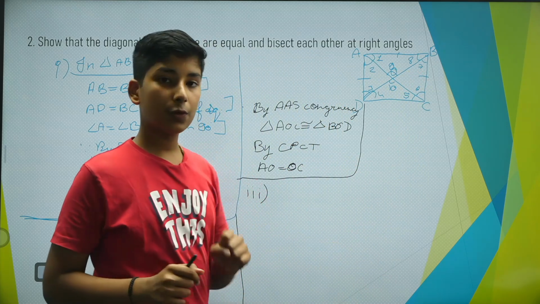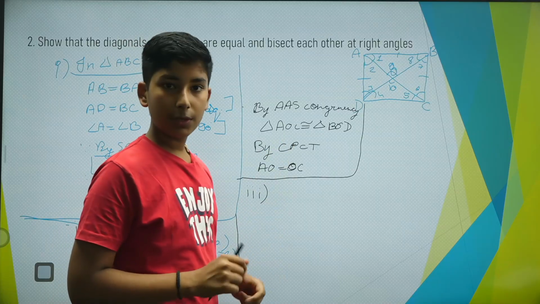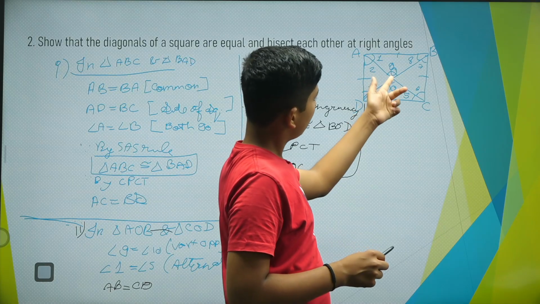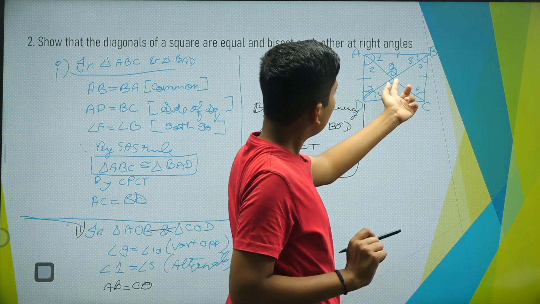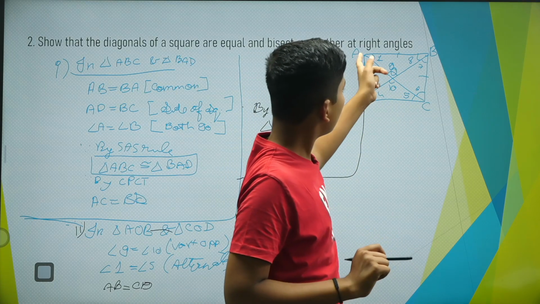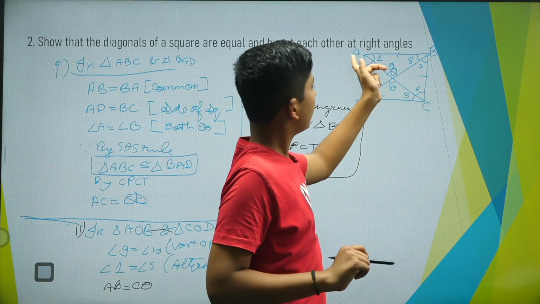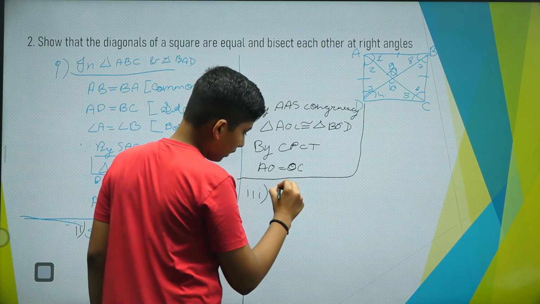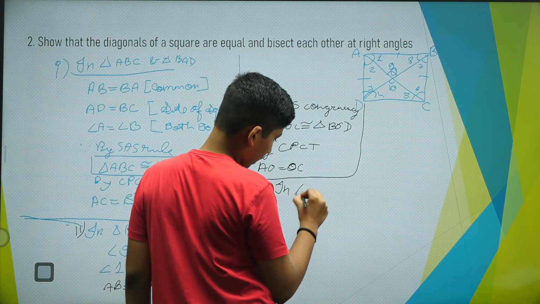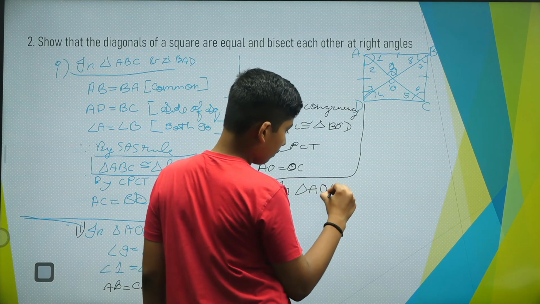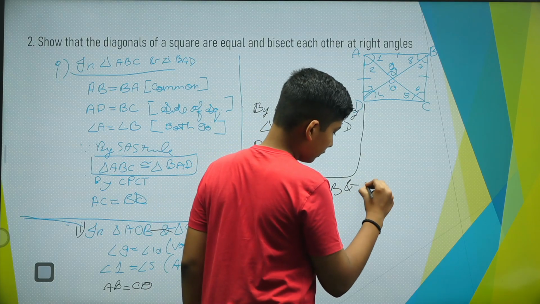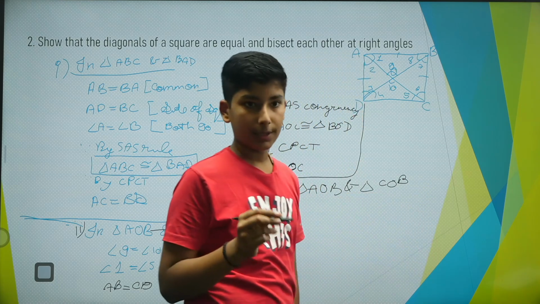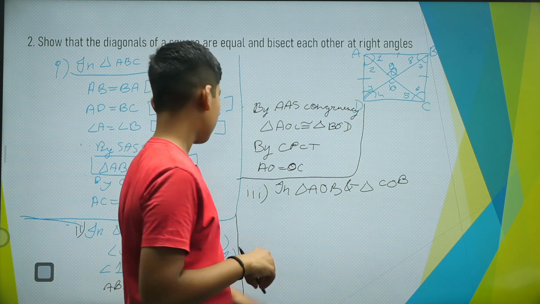So if we prove two of them 90, the others will automatically be 90 degrees. Now first of all we have to choose these two triangles AOB and BOC. In triangle AOB and triangle COB, these two triangles I have chosen.